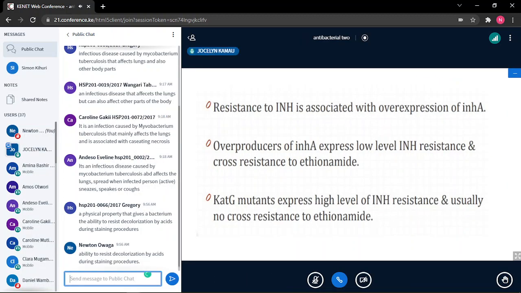Kuna swali? Any question? Are we okay? That's the first category. Any question? Tumenyamaza, tuko sawa? Tuko sawa class?